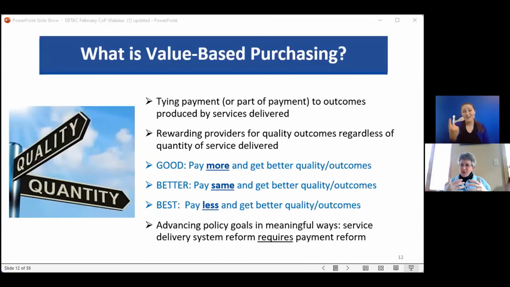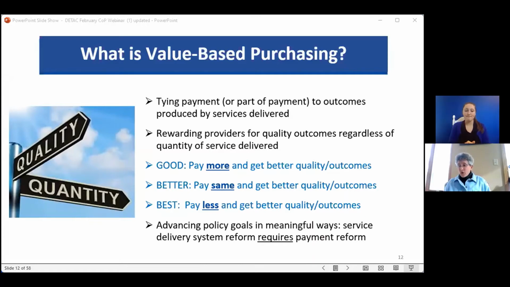So a value-based model that's working, where a funder is paying more, you can clearly see better quality and outcomes. A better model is to actually be able to pay the same amount of money and get better quality and outcomes. And often that comes from giving providers flexibility in terms of how they deliver the services.